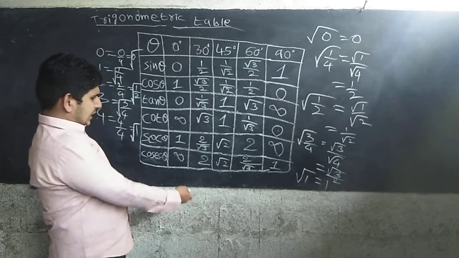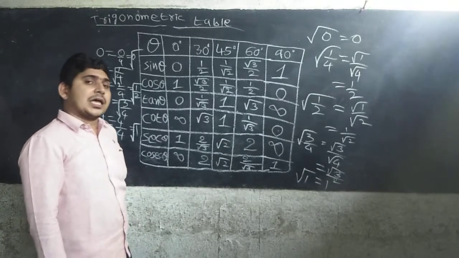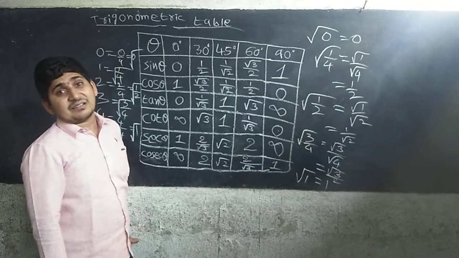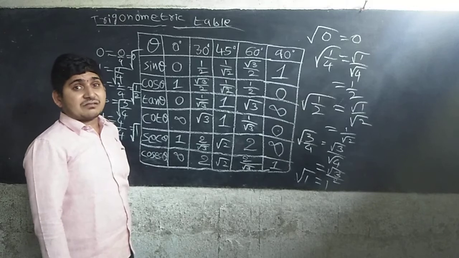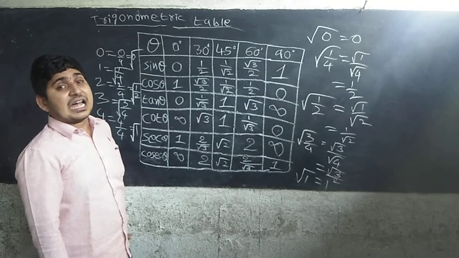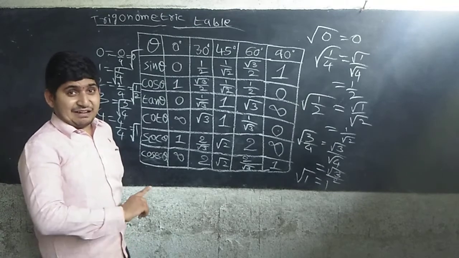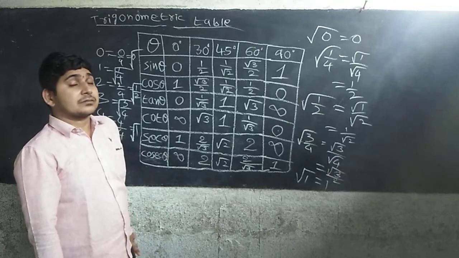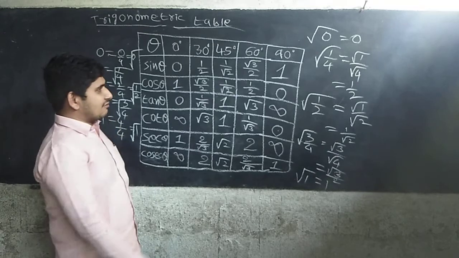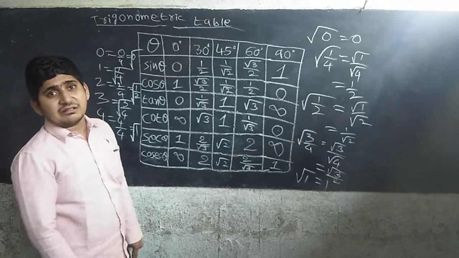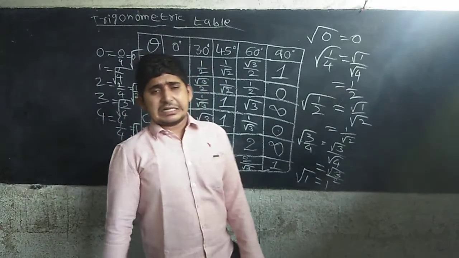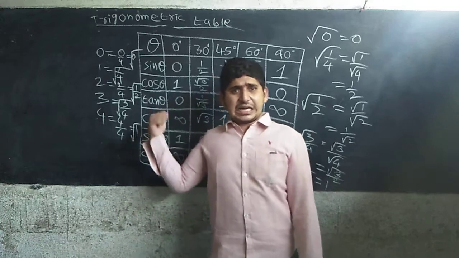From the examination point of view, you can be asked to write the trigonometric table for all the values of specific angles. So you have to write the definition of trigonometric table and you have to draw the trigonometric table. And that is about the trigonometric ratios of some specific angles and the trigonometric table.